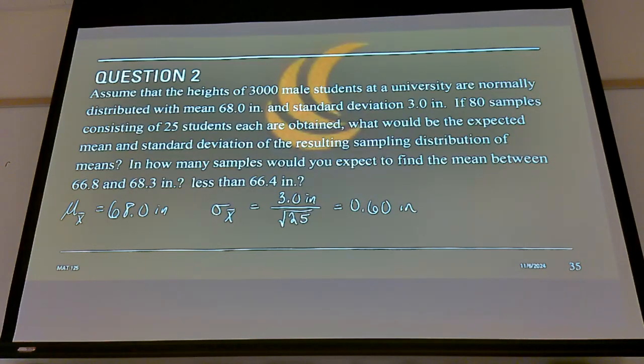That answers the first 2 questions. Now we can find probabilities.